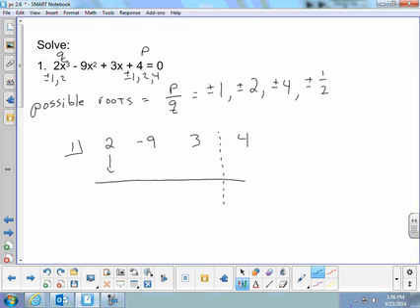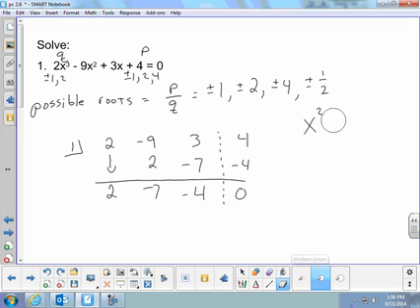So bring down the 2, multiply, add, multiply, add, multiply, add. And we get lucky on our first trial. That is a root. So we can say that right now. X, not x squared, x equals 1. So there's our first root.